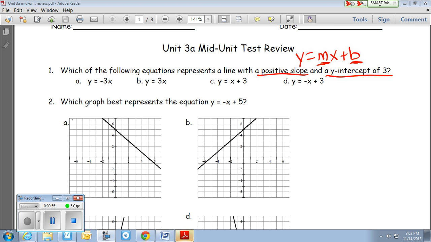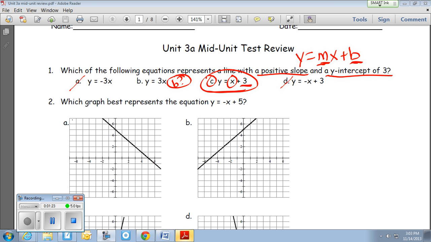In this case, we have to have a positive slope, so our m would be positive and our b would be 3. I see a negative slope here, I see a negative slope here, and I do not see a b right here. So it has to be C. This has a y-intercept of 3 and a positive slope, so C has to be your answer for number 1.